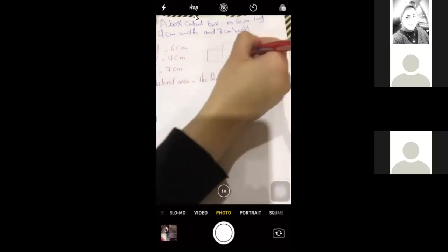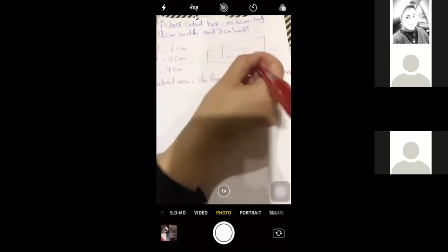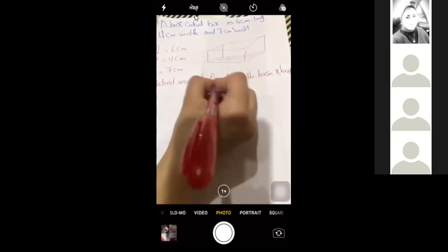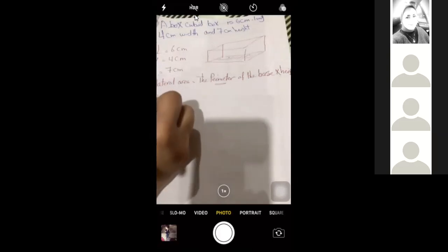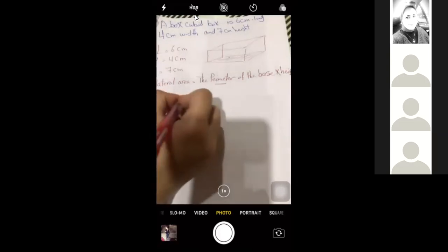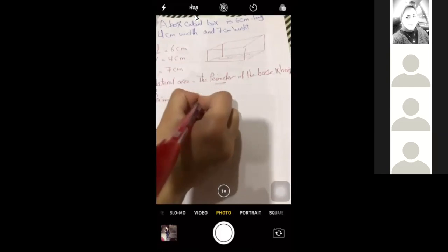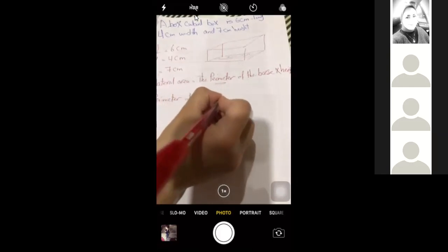Anyone can tell me the base of a cuboid, what does it look like? The base is a rectangle. So I should get the perimeter of the rectangle. Okay, the perimeter of a rectangle equals what?